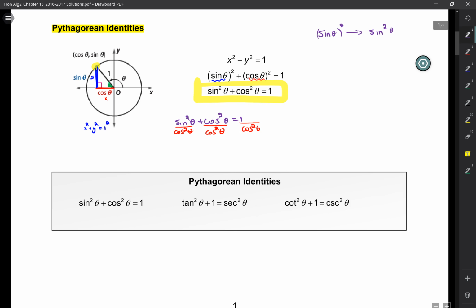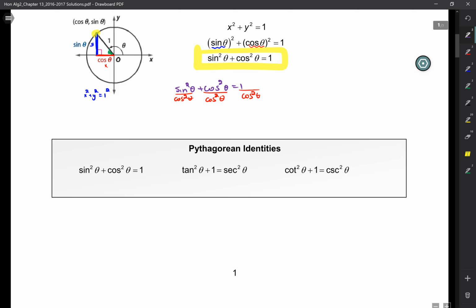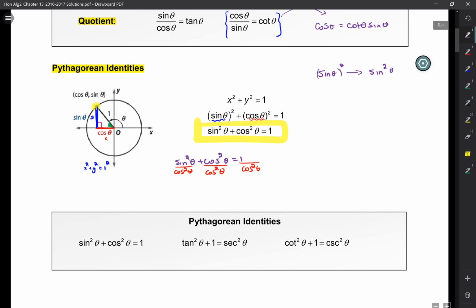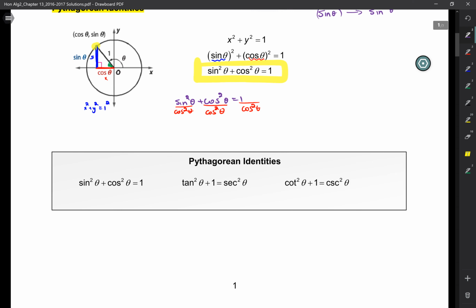Now, here I have sine over cosine. What's sine over cosine? Tangent. Now, sine squared over cosine squared is tangent squared. So if it was sine cubed over cosine cubed, it would be tangent cubed.